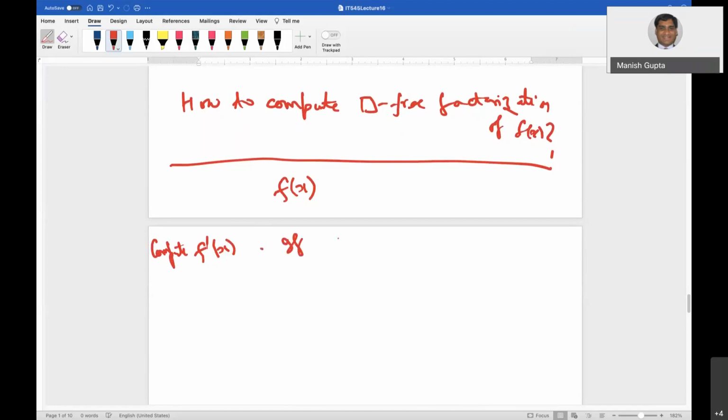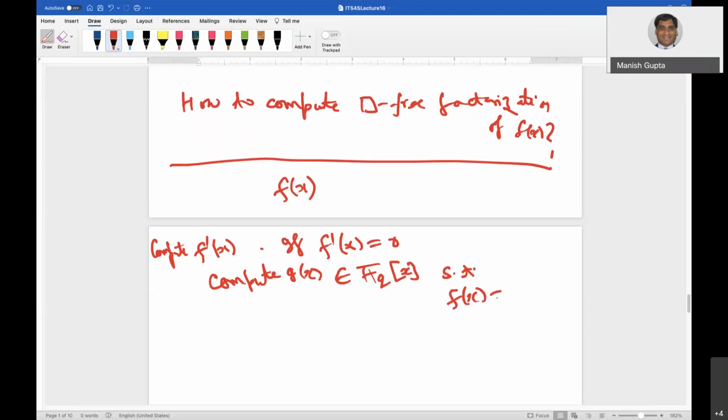Now what could happen? If f'(x) is equal to 0, then you compute g(x) in Fq[x] such that f(x) is g(x) raised to power p for some g(x).